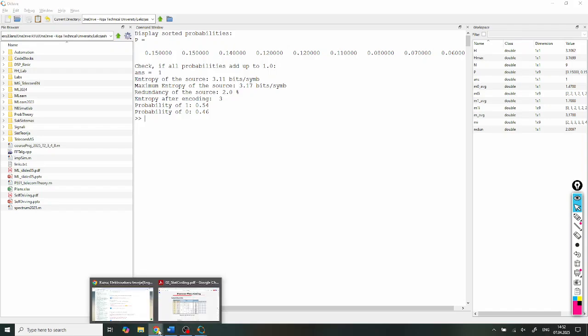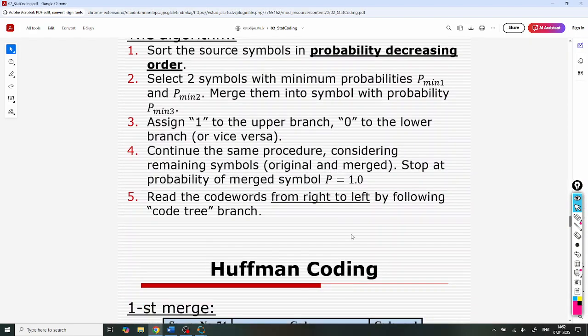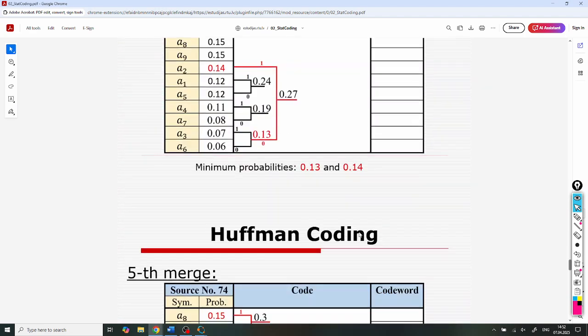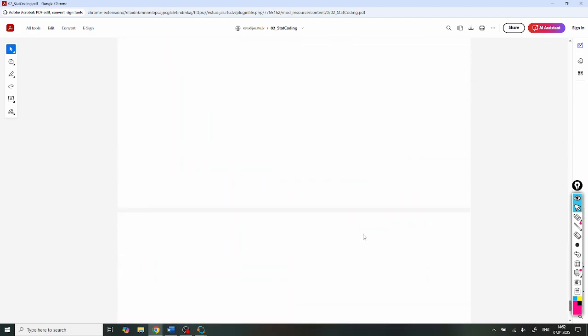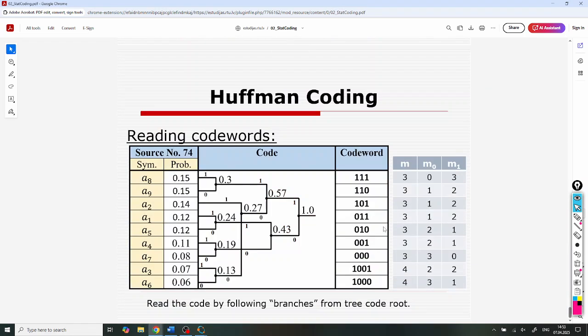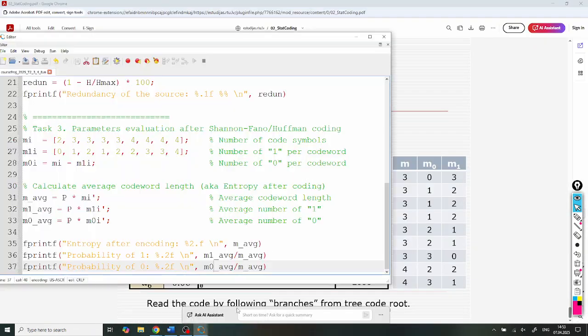Actually, let's do it right away because I have them ready, and I have slightly different statistics here. So let's do that.